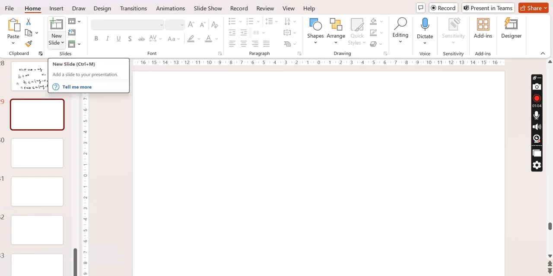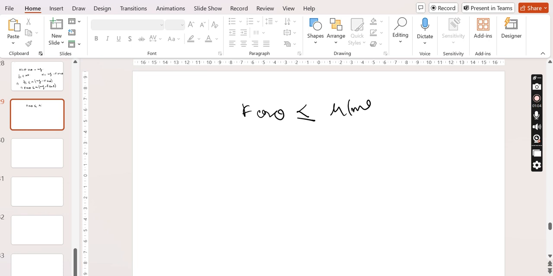So F cos theta is less than or equal to mu into (mg minus F sin theta).